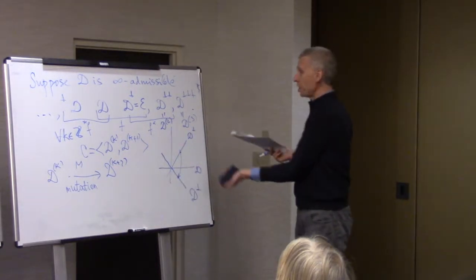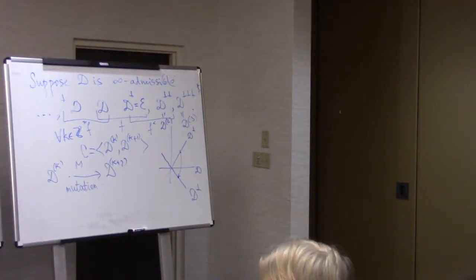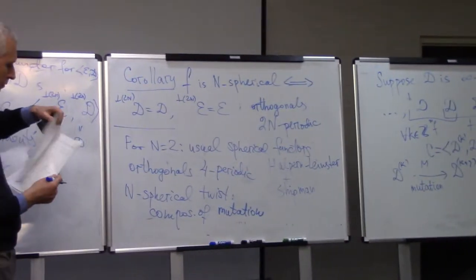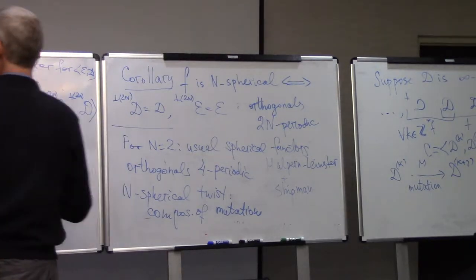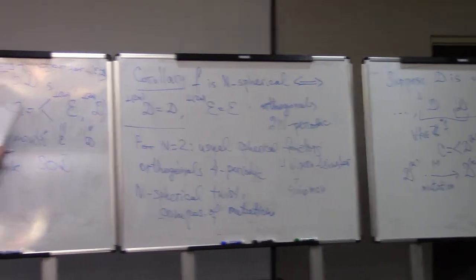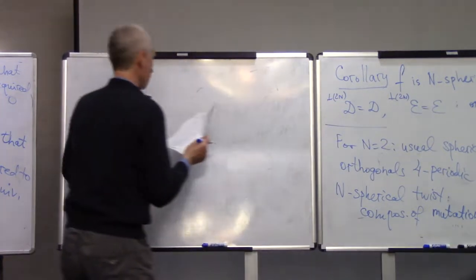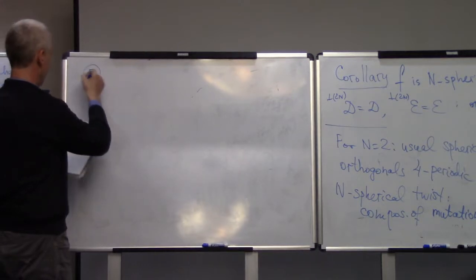This composition of mutations would be the corresponding n-spherical twist, so to say. Now let me consider a few examples.